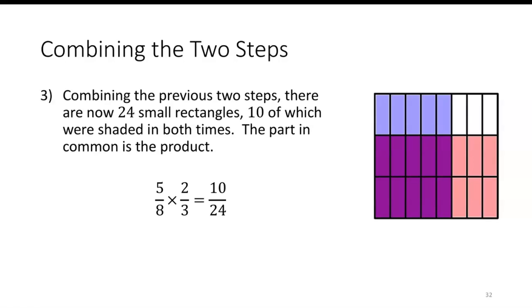You put them together and count how many little pieces we have, and we see 24 small rectangles, 10 of which were shaded by both. The overlap is the product. So 5/8 times 2/3 is 10/24.